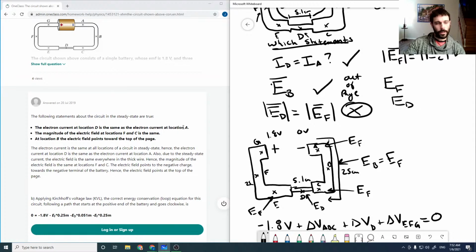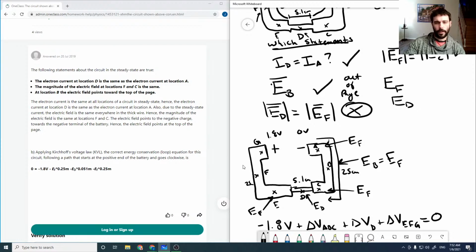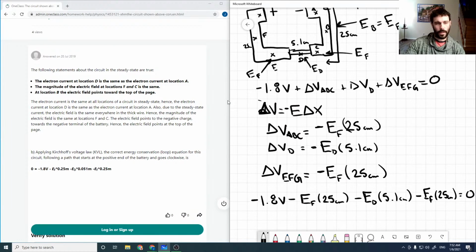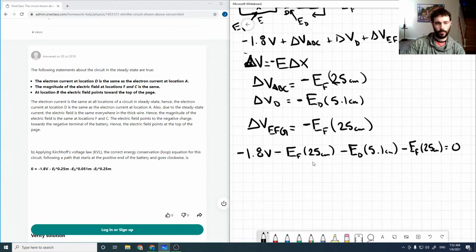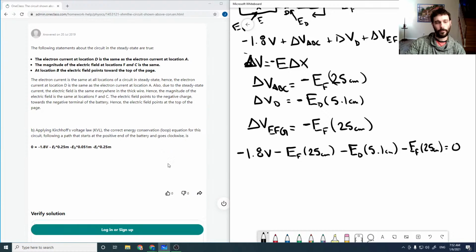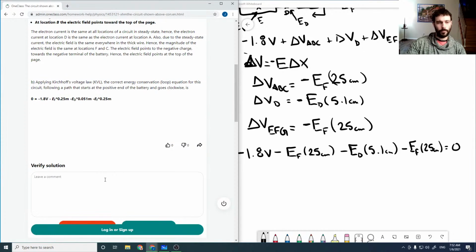And those are the only three that are correct. And then our Kirchhoff loop is then negative 1.8 minus 25 centimeters times EF, which I could have put into meters, but we're not solving anything, so it's fine. Minus ED times 5.1 minus EF times 25. So that looks good.